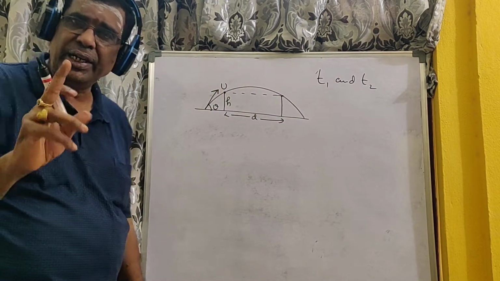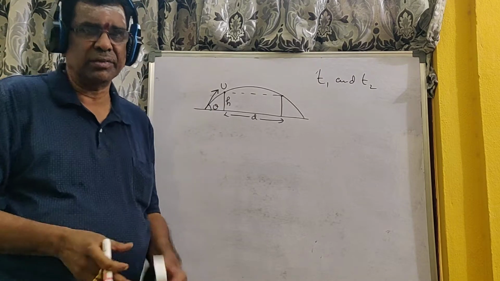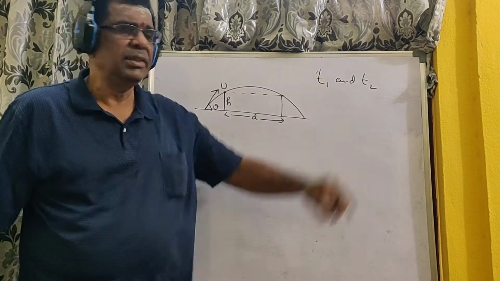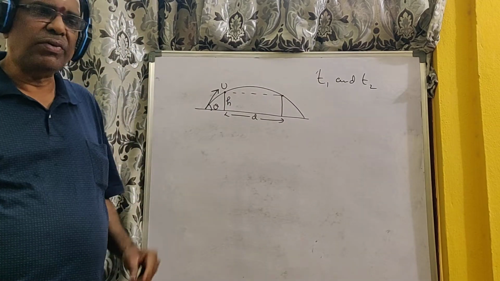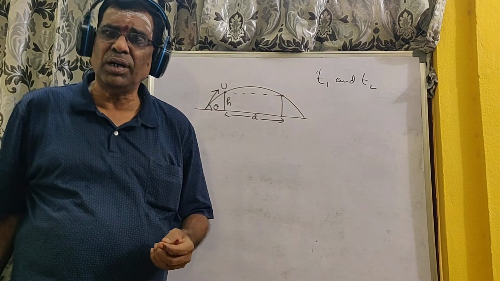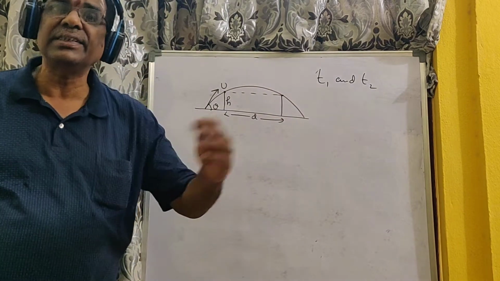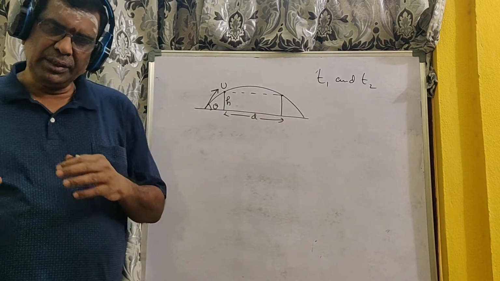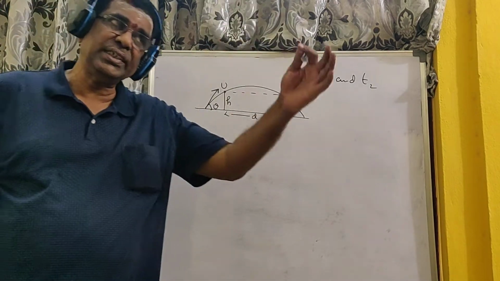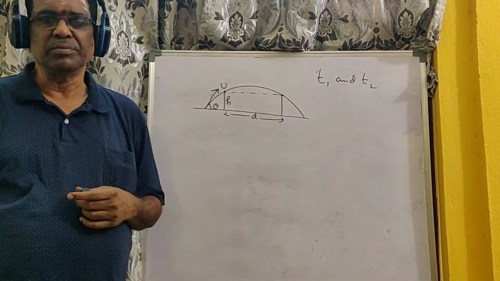Now be very careful about this point. What exactly does he mean by t1 and t2? For example, the projectile crosses the two walls of equal height, say in 3 seconds and 6 seconds. That means first from 0 to 3 it will clear one wall, and from 0 to 6 it will clear another wall.